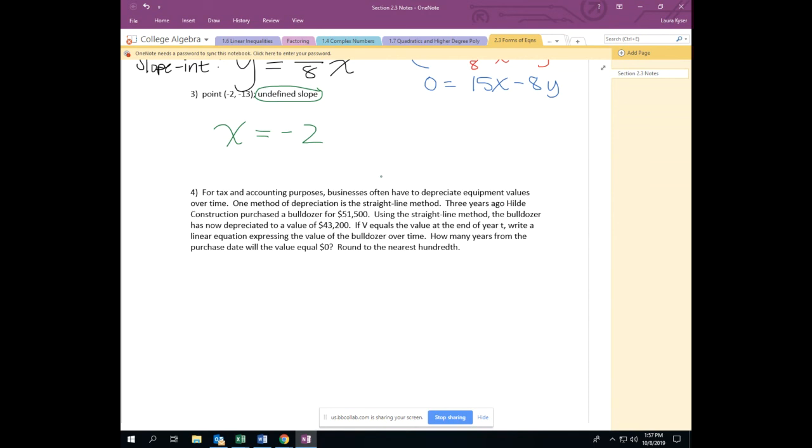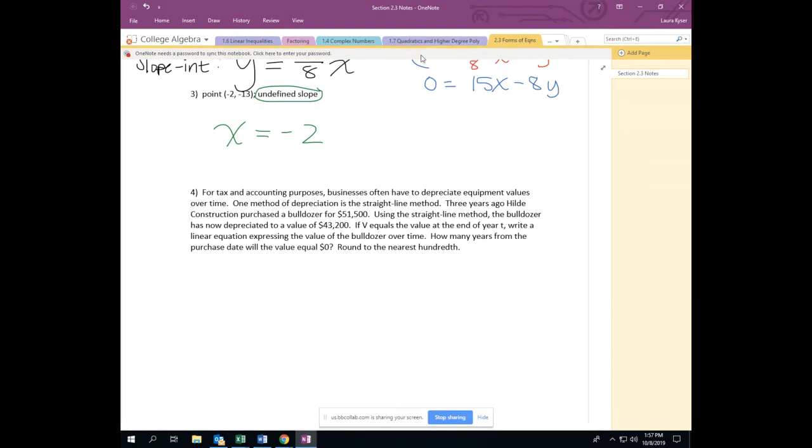So we are going to have to use our application information to find a slope, and then use one of the two ordered pairs that we create to write our equation. Same as the last application, except taking it a little bit further.